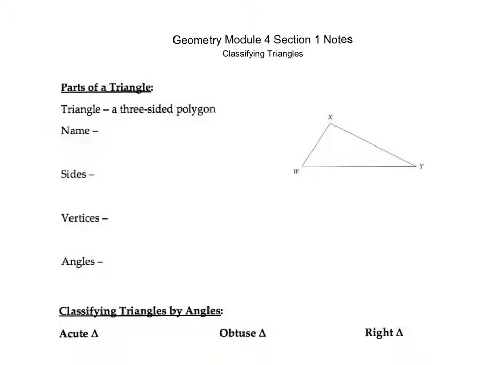And the way that we name a triangle is from the labels of the vertices. And you can start with any vertex when you do this.